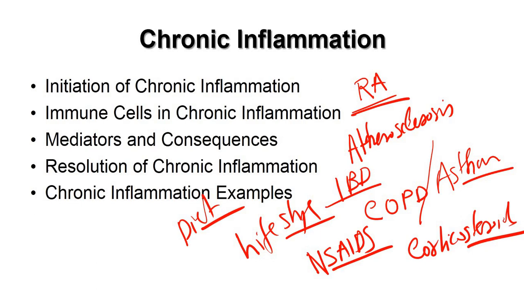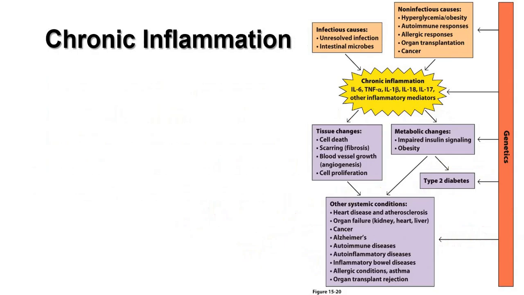And before we end our talk, something which I have adapted from Kumar's latest edition, the chronic inflammation. You can see there can be infectious causes and non-infectious causes. Infectious causes: unresolved infection which has not been completely cured, or it can be gut microbiome, that is intestinal microbes.